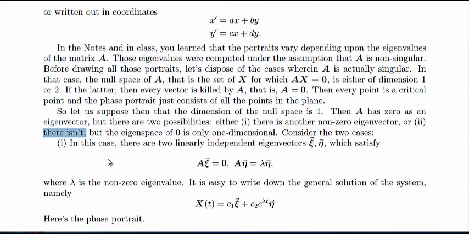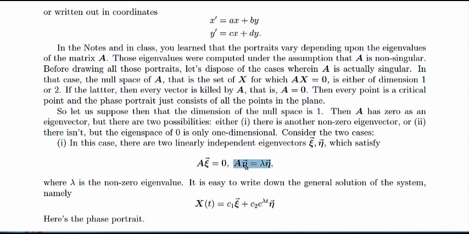What happens? In the first case, there are two linearly independent vectors, xc and eta, which satisfy these two equations. The first equation says that xc is an eigenvector corresponding to the eigenvalue 0. And the second says that eta is an eigenvector corresponding to the other non-zero eigenvalue. So lambda is the other non-zero eigenvalue.